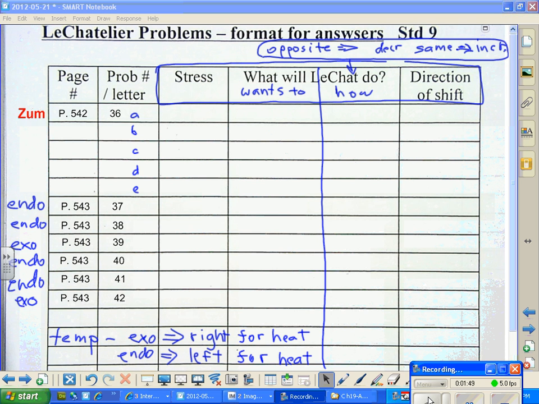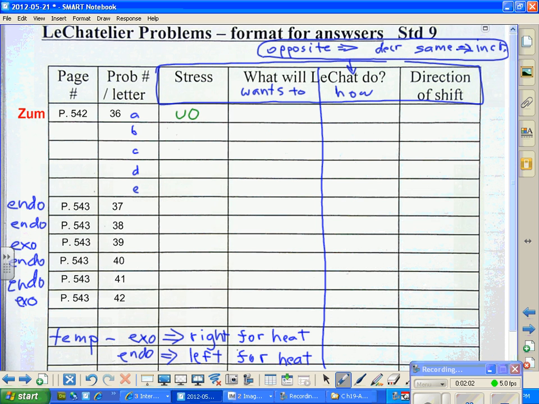So let's go to letter A, and in letter A the thing that they want to do to stress this particular system at equilibrium is to add UO2. So the UO2 is going to be added, which will increase the amount of UO2. Well, LeChat is the guy that wants to put everything back the way it was. So he wants to put it back by decreasing the amount of UO2.